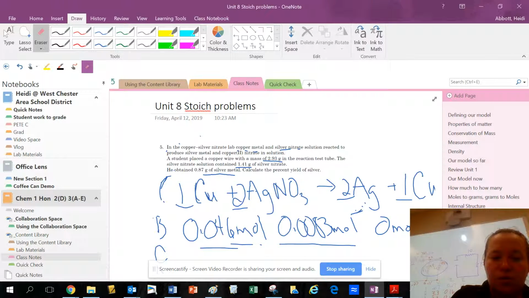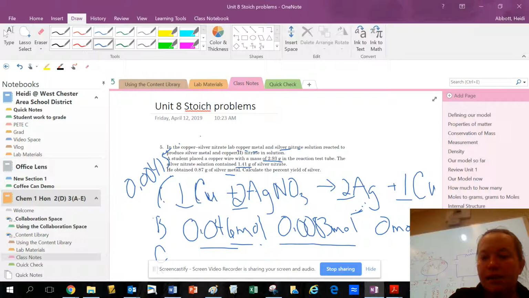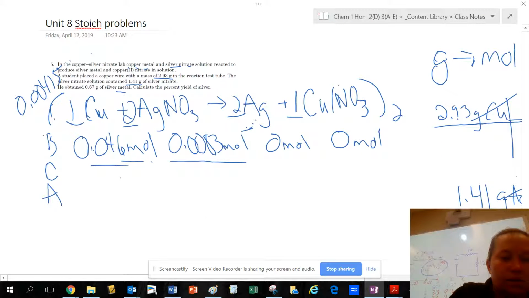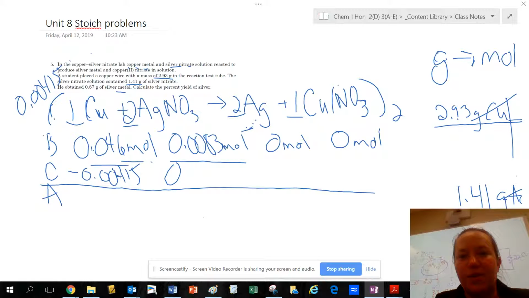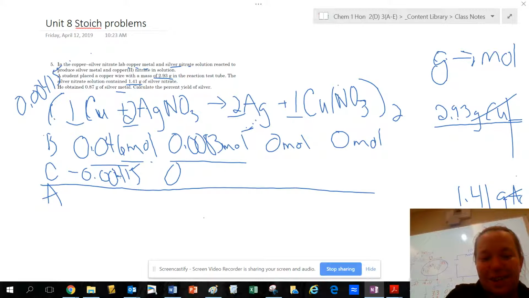So I'm going to multiply my reaction. In theory, I'm multiplying my reaction by 0.00415. When I do that, I end up using 1 times that, right? So I end up using 0.00415 moles of copper. 2 times 0.00415 is this number, that's how we got the number in the first place, 0.0083 moles.